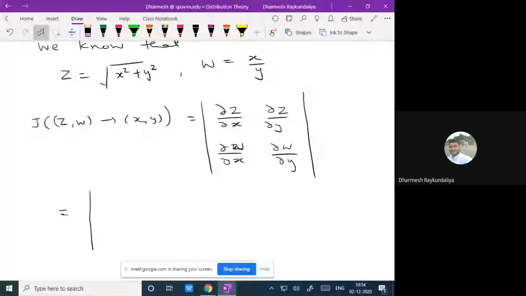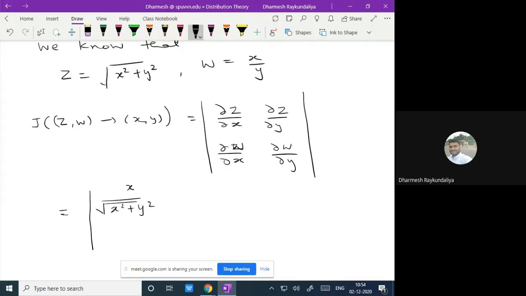Partial derivative. So it is a square root of X square plus Y square, so it is 1 upon twice of square root of X square plus Y square. And what is the derivative of X square plus Y square with respect to X? It is 2X. So this 2 cancels out. So I can just directly write this is X upon root X square plus Y square.